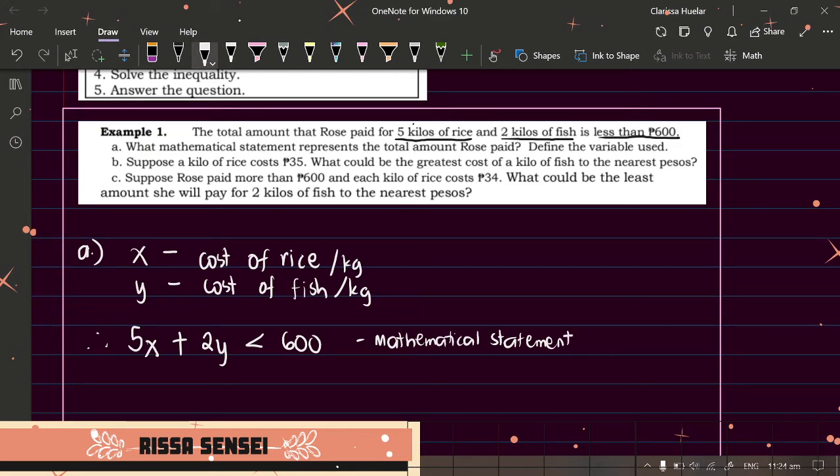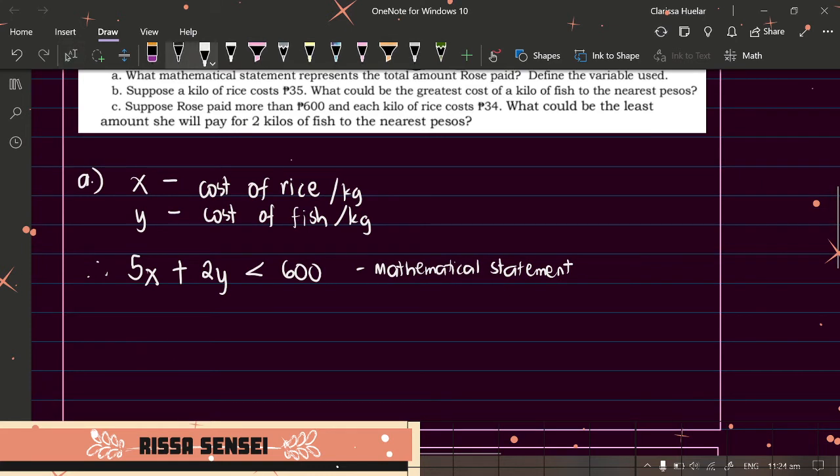So, we already answered letter A. Next, how about letter B? Suppose a kilo of rice costs 35 pesos. What could be the greatest cost of a kilo of fish to the nearest peso? Okay.